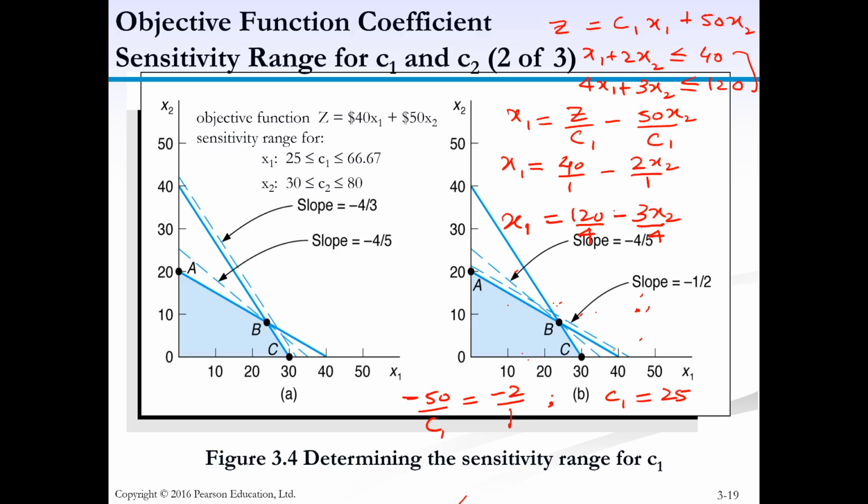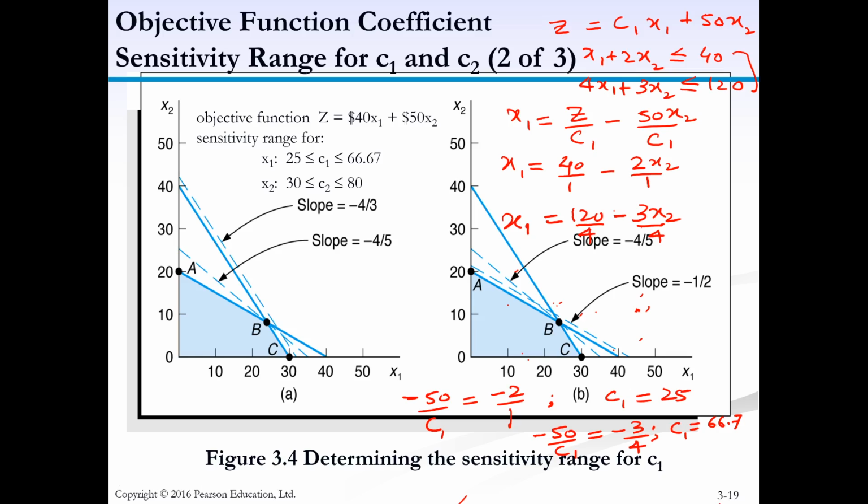Similarly, if we equate minus 50 over c1 to minus 3 over 4, we get c1 equal to 200 divided by 3, which is 66.7.